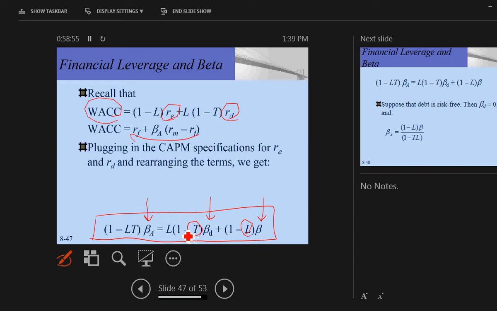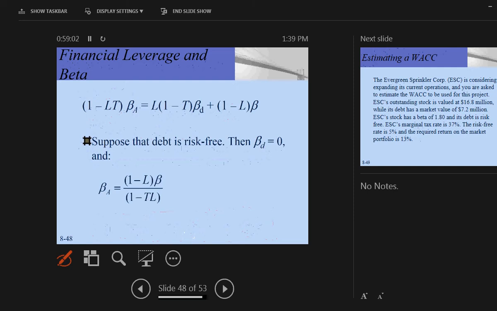A very weak assumption that we can make is that the beta on debt is equal to zero. That is, it's kind of risk-free debt, or you can say debt has no systematic relationship with the risk in the market.